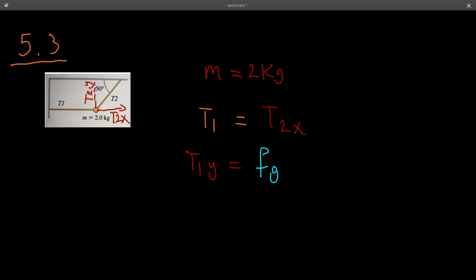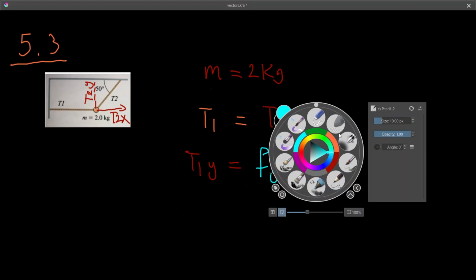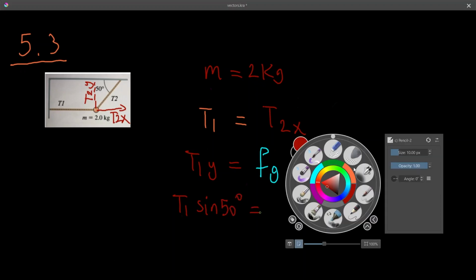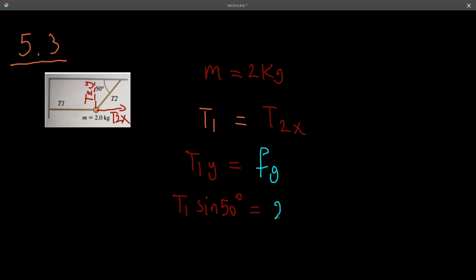So now we can solve for T1y. T1y, which we know is just T1 sine 50, is equal to the mass, which is 2, multiplied by gravity, which for the sake of ease of calculations, we're just going to consider gravity to be 10.